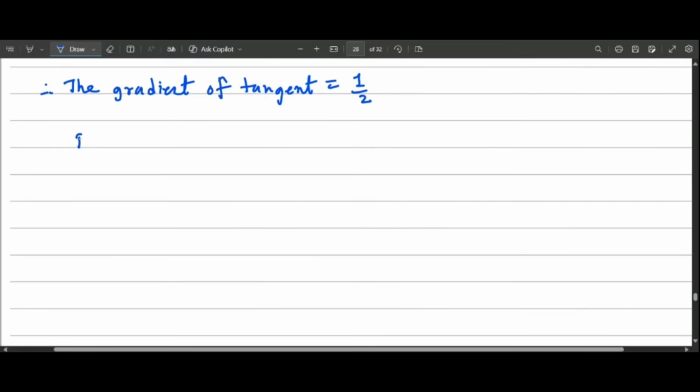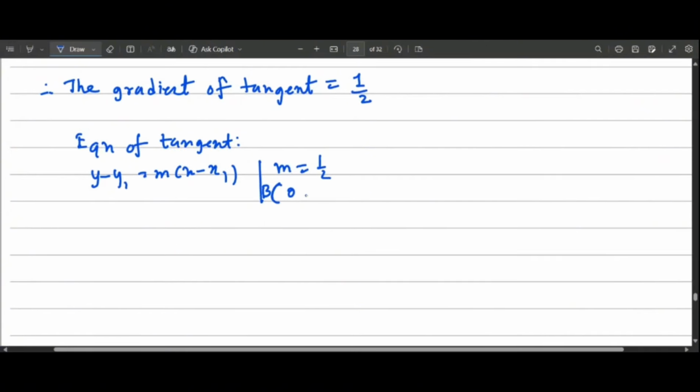So we can now find the equation of the tangent. The equation of the tangent will be y minus y1 equals m times (x minus x1). Here m is half, and the point through which the tangent passes is B. The coordinates of B are 0, 7 by 12 pi.